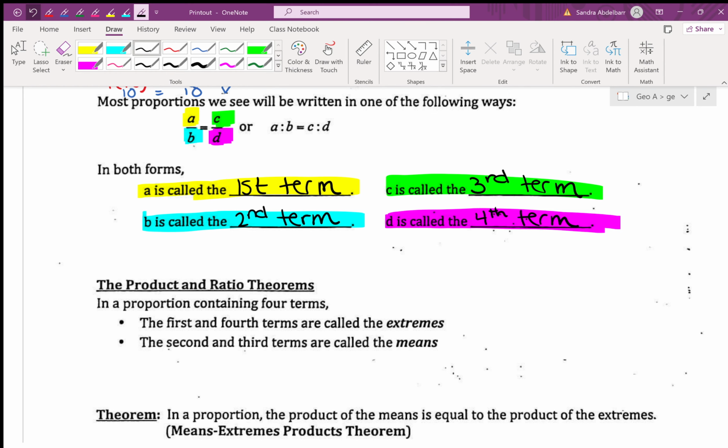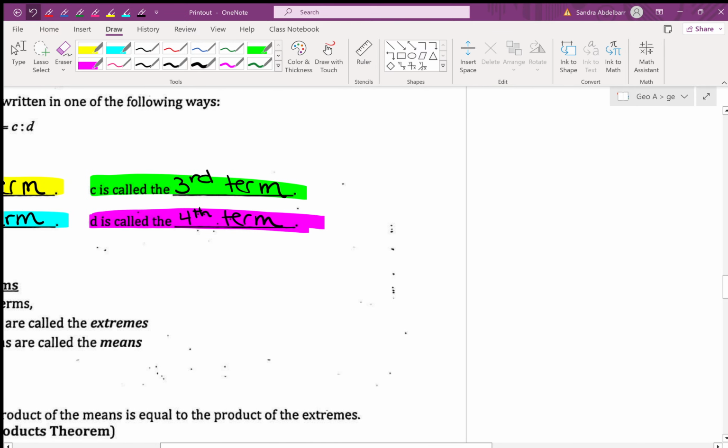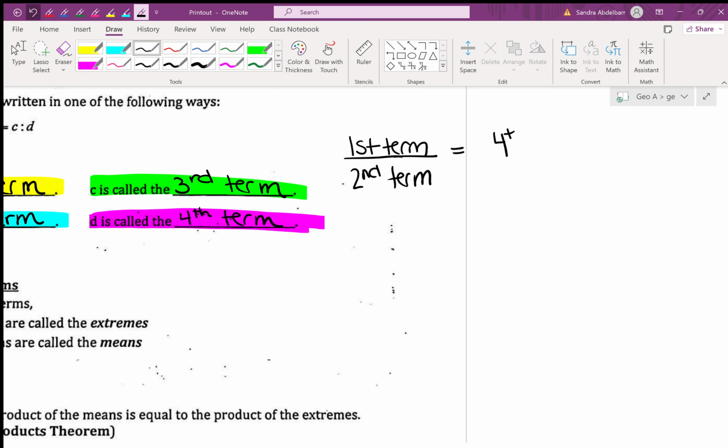Okay, now I'm going a little bit off topic here, but it will come back into play in a couple of problems. That's why I'm doing this. So when you have a proportion, do you all agree it's the first term over the second term equals the third term over what? The fourth term.